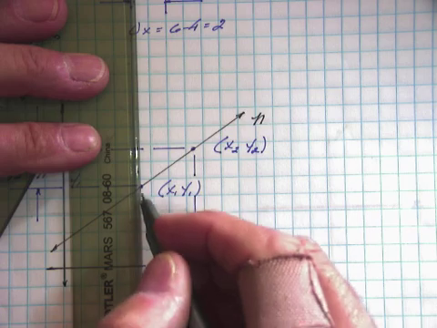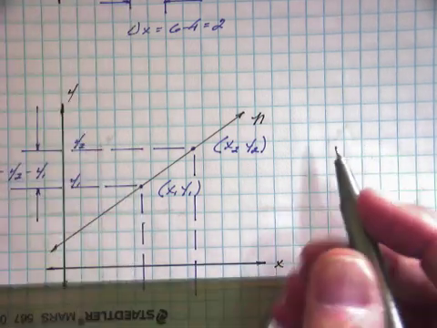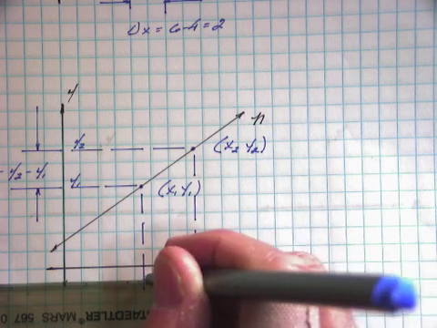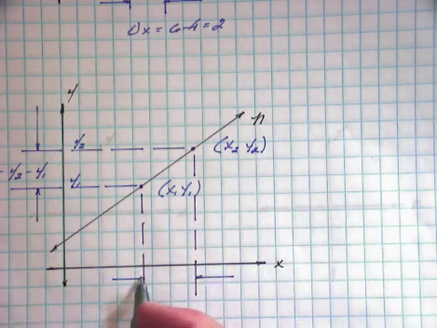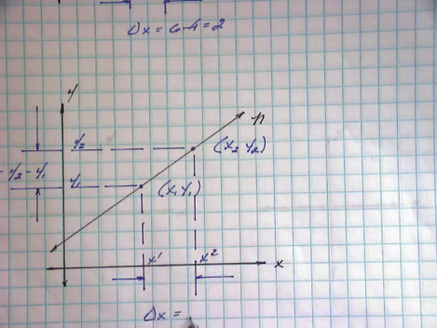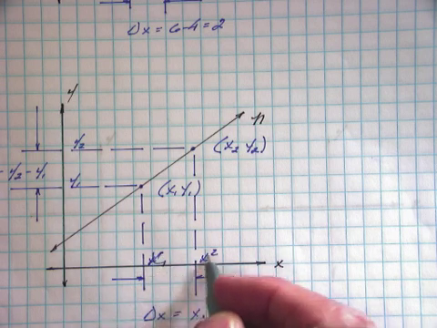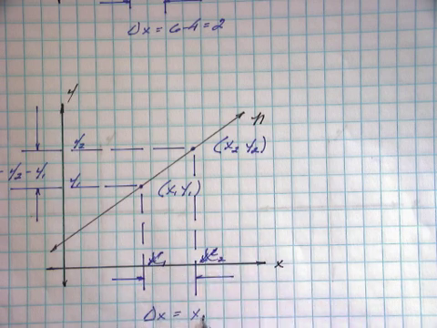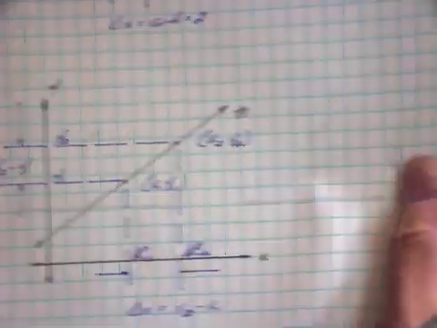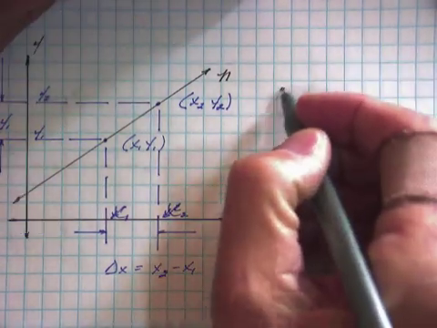On the x, the delta x is this change. So delta x equals, and we've got x sub 2, x sub 1. Sorry, x sub 2 minus x sub 1.